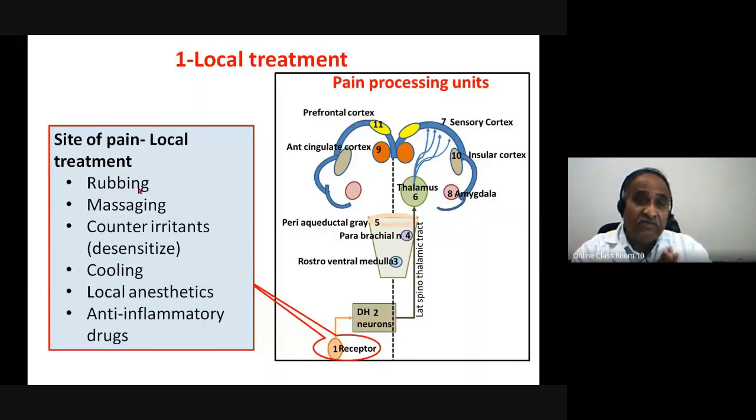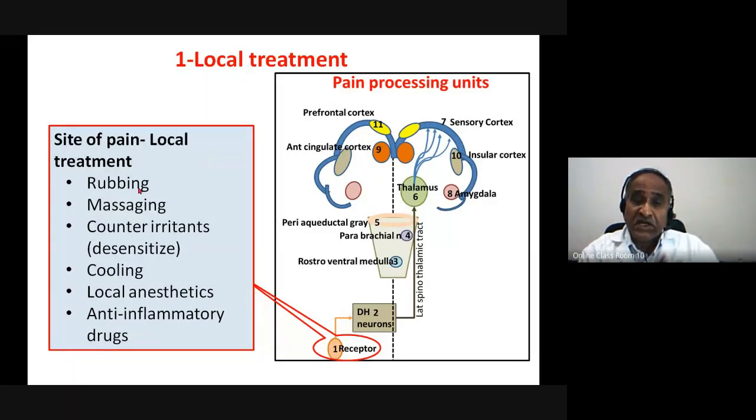Then comes the application of counter irritants. In the southern part of India, we have Amrutanjan and Vicks VapoRub, which is a menthol-containing balm. Or if you go to the Southeast Asian countries, it is the tiger balm. Some of these counter irritants even contain capsaicin and menthol.